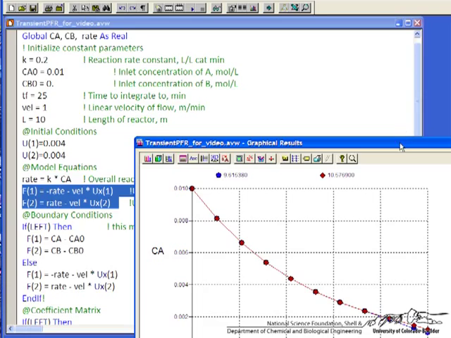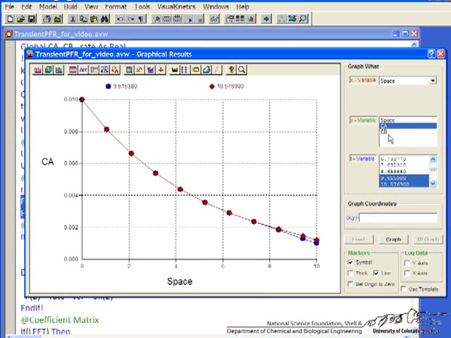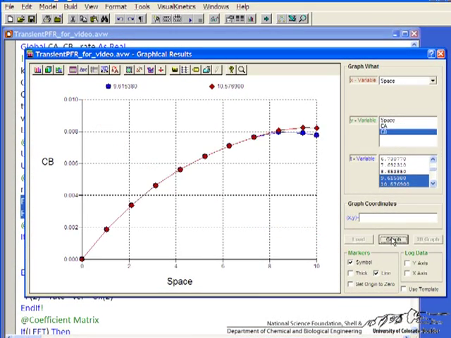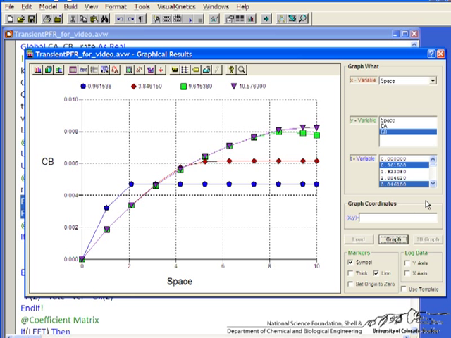If we look at the concentration of B as a function of different times, click a few. Notice the short time, the blue curve, because we started out at 0.004, and with the boundary condition of this being 0. And of course now it's changing.